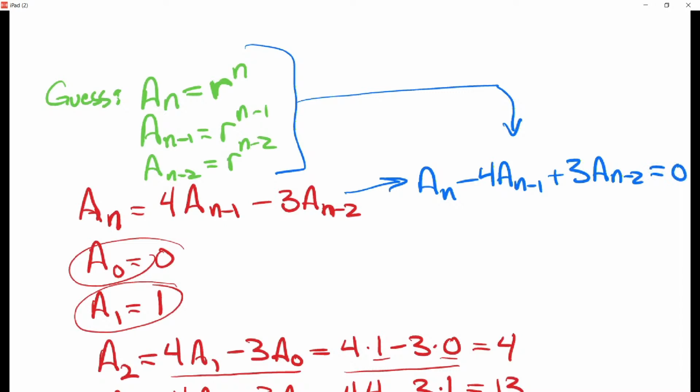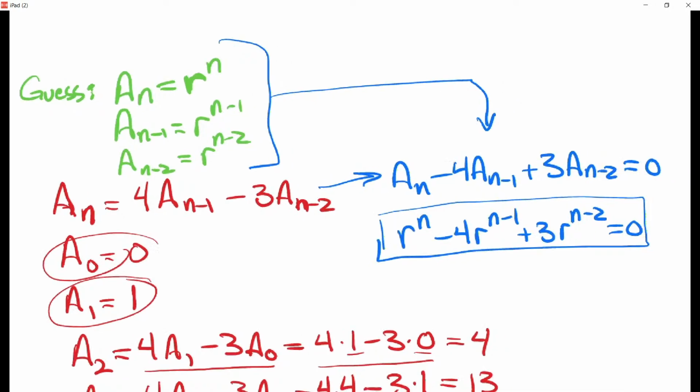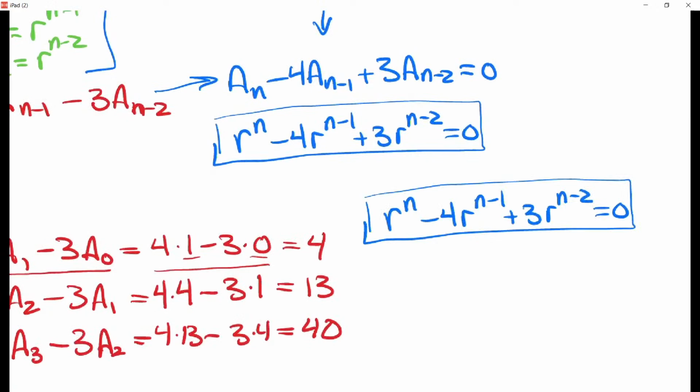Then we plug in: r to the n minus 4r to the n minus 1 plus 3r to the n minus 2 equals 0. This is called the characteristic equation for this particular recurrence. If you're familiar with differential equations, this is the analog of the characteristic equation for a second order differential equation. If you don't know what those words mean, don't worry. It's not going to hurt you.